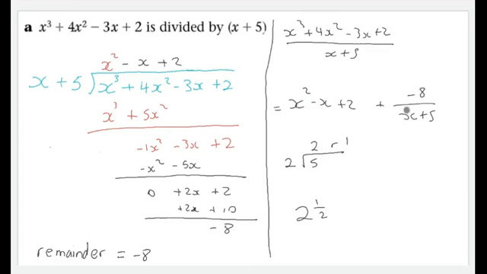In the same way, the remainder minus 8 goes over the thing we're dividing by. Does that make sense? Cool. Could you do this one?